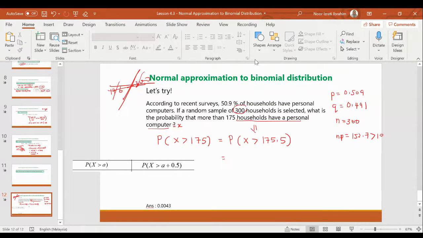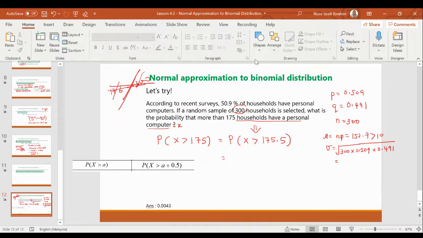Once it becomes continuous and normally approximated, we want to use the table of normal distribution. To use the table, we have to transform the x to become z. The formula is x minus mean divided by standard deviation. So we need to find the mean and standard deviation. Mean we already have, 152.7. Standard deviation will be square root of NPQ, which is square root of 300 multiplied with 0.509 multiplied with 0.491.